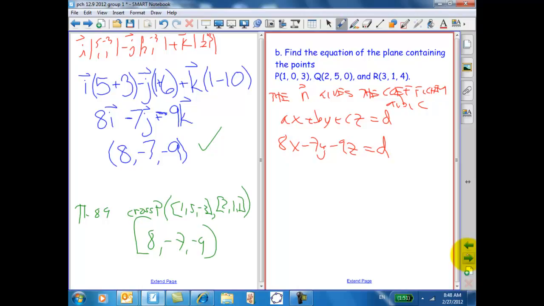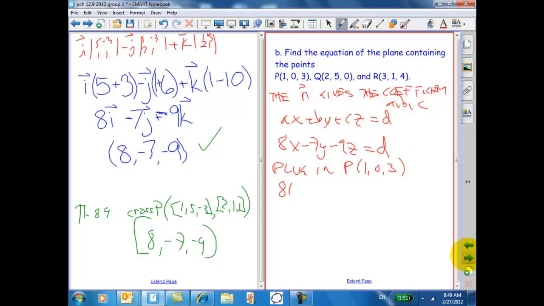How do you find D? That's right, Jack. Which one? It's your choice. Choose wisely now. P, that's good. One's got a 0 in it, and the numbers are small. So let's plug in P, which is (1, 0, 3).